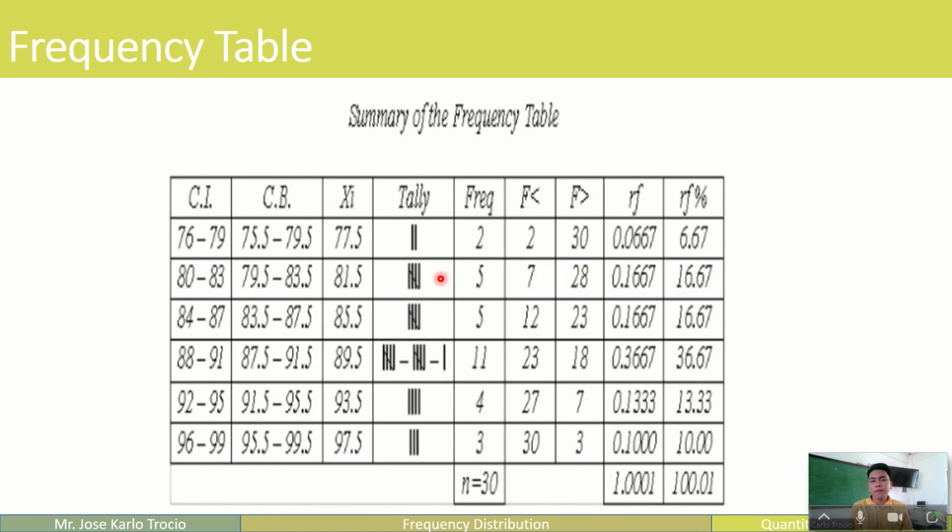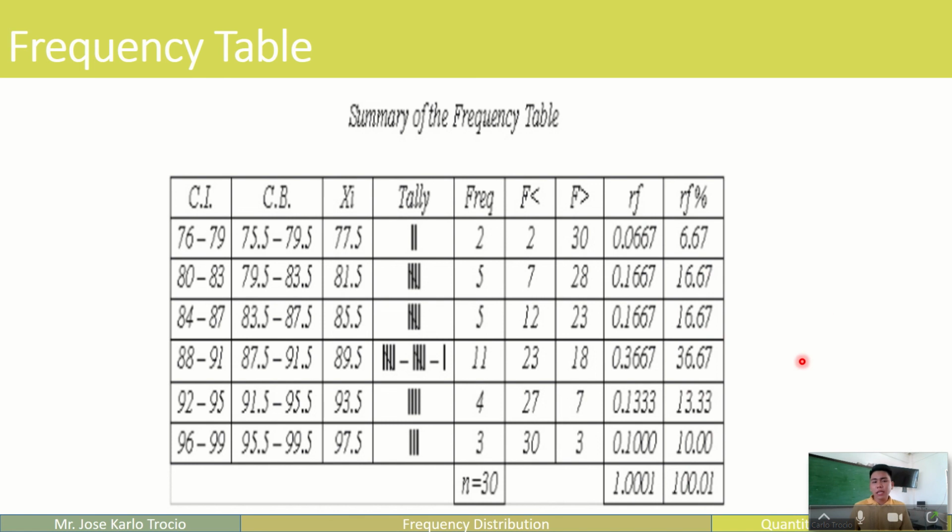So 2 divided by 30 is equal to 0.0667. The same also here: 5 divided by 30 is 0.1667, and so on. And in order for you to convert it into percentage, you are just going to simply multiply it by 100. So 0.0667 times 100 is 6.67. The same process that you are going to do here, and the rest, and so on.